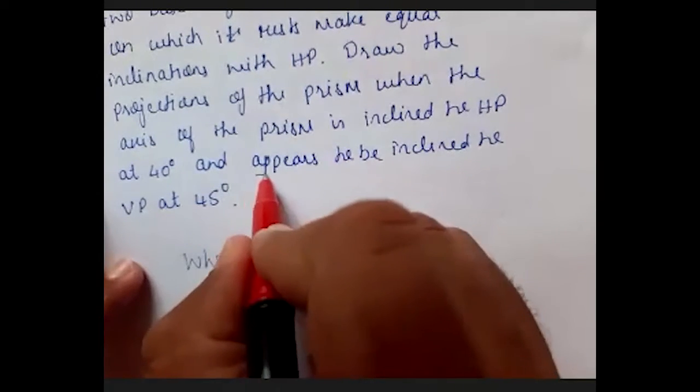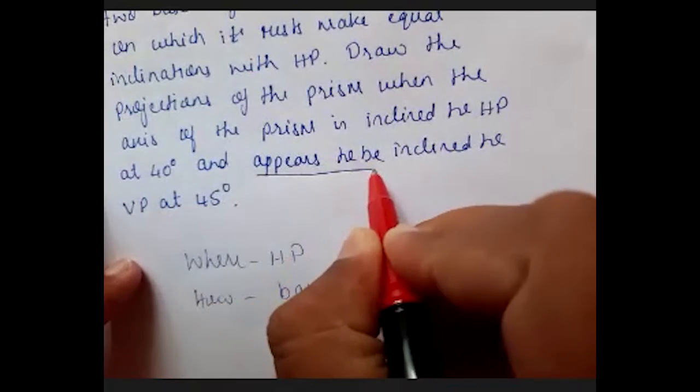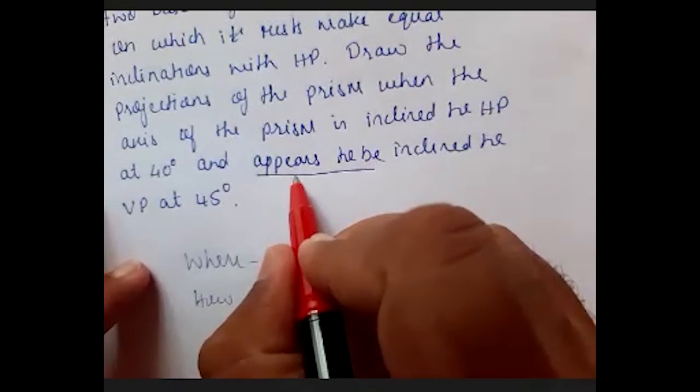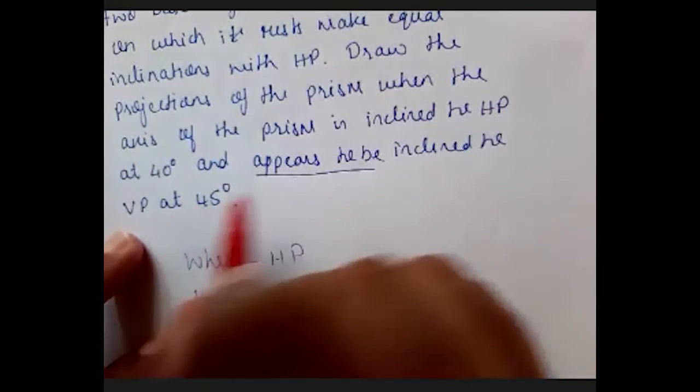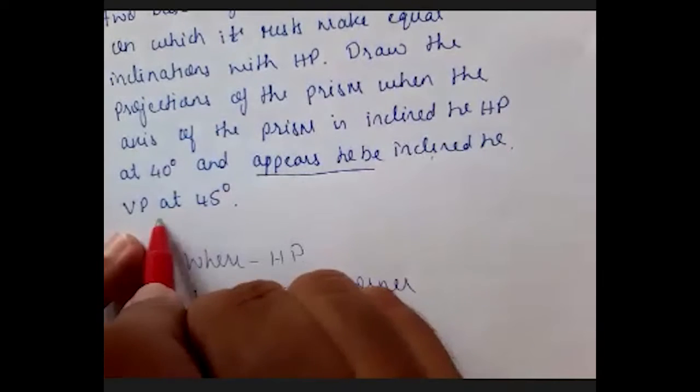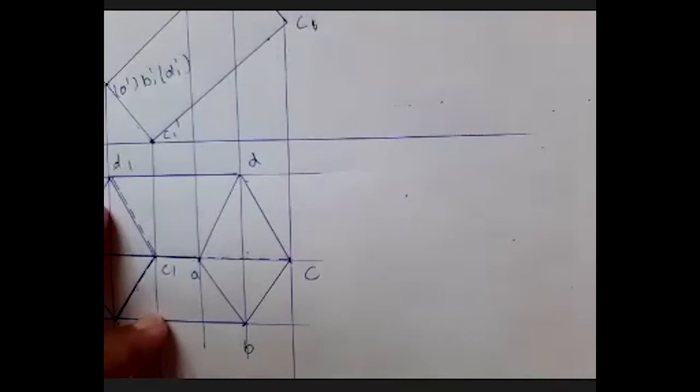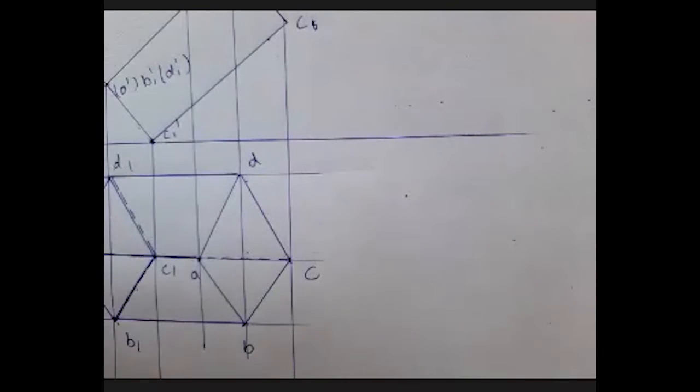So I have the words "appears to be" here. When I have "appears to be", nothing is going to change, and the axis is inclined to VP at 45 degrees.